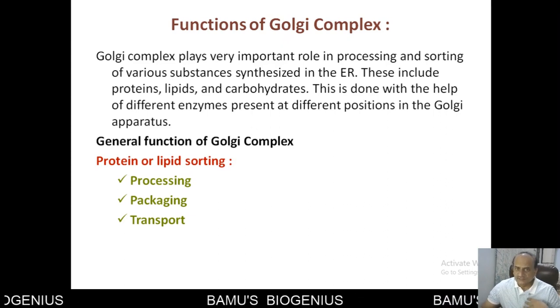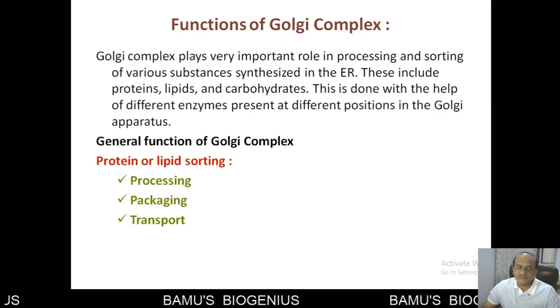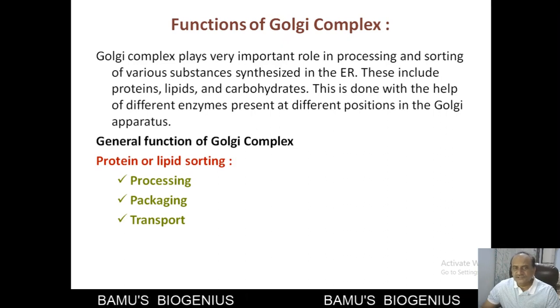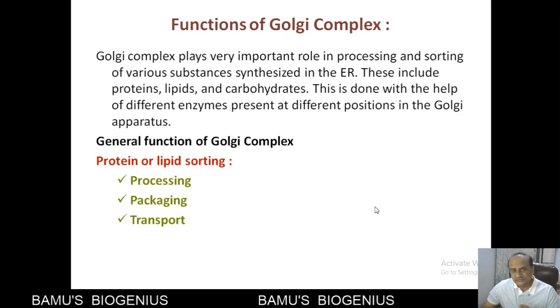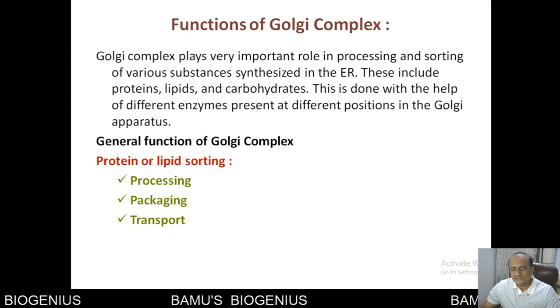So the processing, packaging, and transportation of this synthesized material or product towards its particular destination is done with the help of a Golgi complex, and that's why it is called a sorting organ, or we can say the traffic police of a cell, because we know what the function of a traffic police is: to govern the traffic on the road.